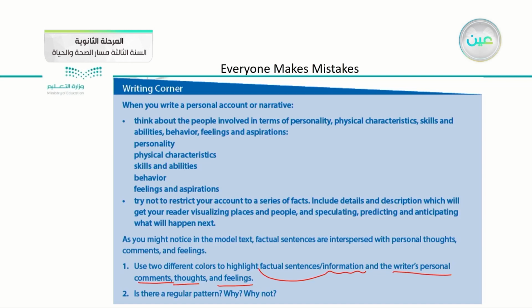And this is something that I want you to be aware of, to distinguish the factual things from your own comments and feelings. And it is important to mix them together, to write the factual things and comment on them and express your feelings and thoughts towards them.